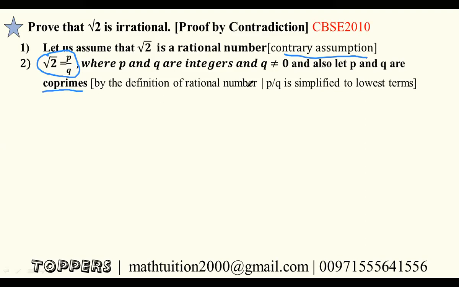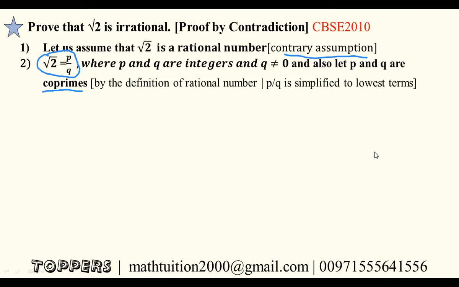By the definition of rational number, we are writing root 2 as p by q, where p and q are integers. And p by q, we are taking in the simplest form. We are dividing both numerator and denominator, cancelling all common factors and making it the simplest form. So we can call p and q co-primes.